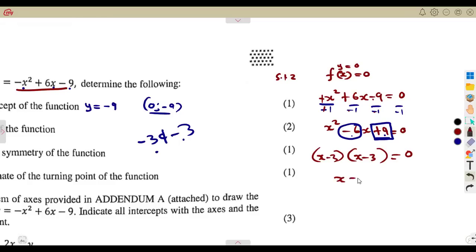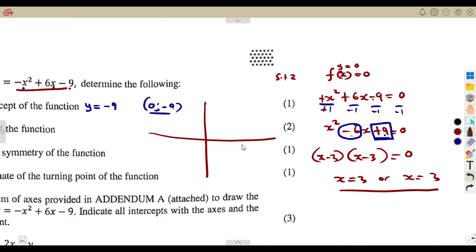As we can see, we're obtaining the same values of x. x is equal to 3 or x is equal to 3. So the roots of this function are at the same point where x is equal to 3. So it means that the point where x is 3 is also a turning point, depending on the shape that we are going to have. But it follows that it's going to be a turning point. That is what it means.